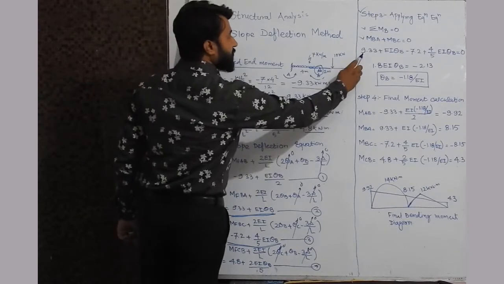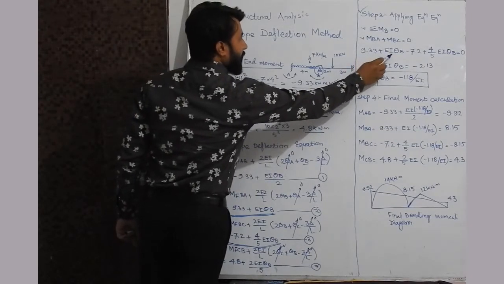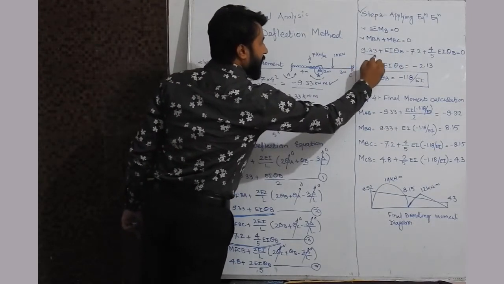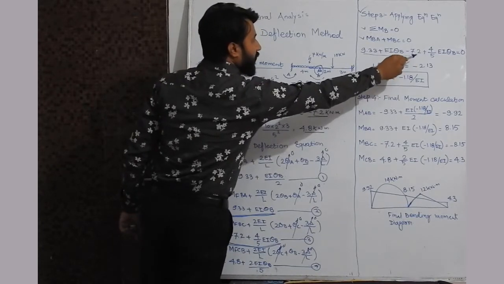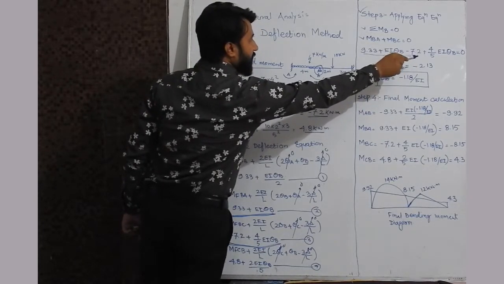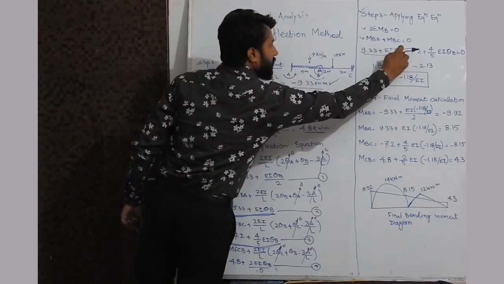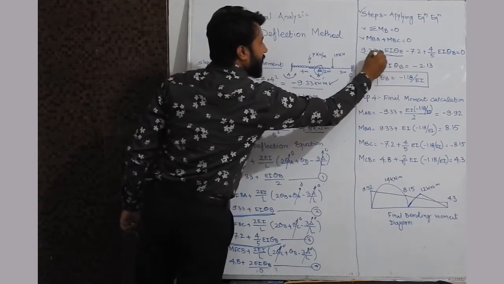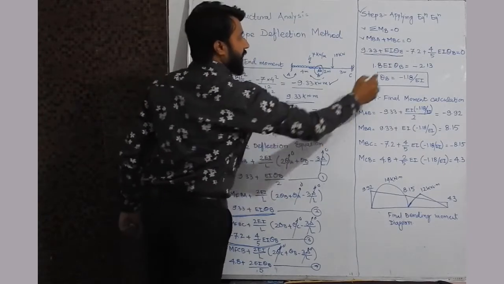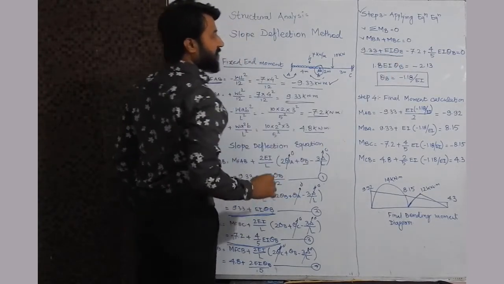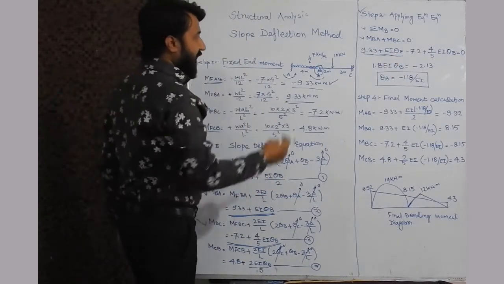So we are adding this equation: 9.33 plus EI theta B, this is the MBA equation, minus 7.2 plus 4 by 5 EI theta B is for MBC.